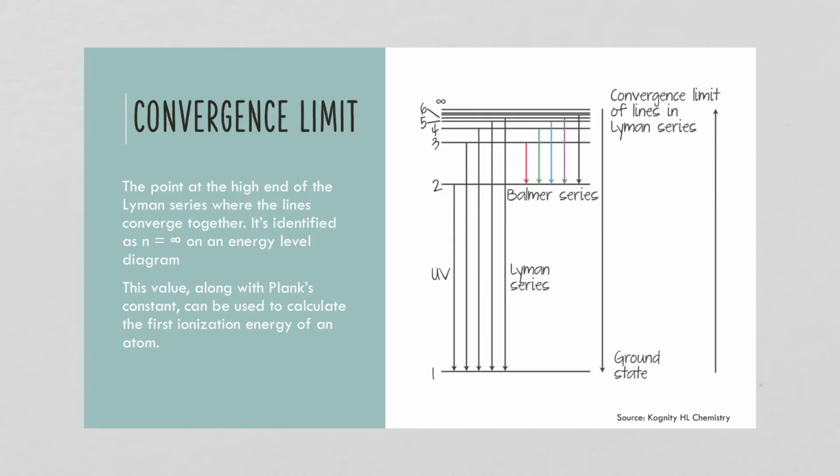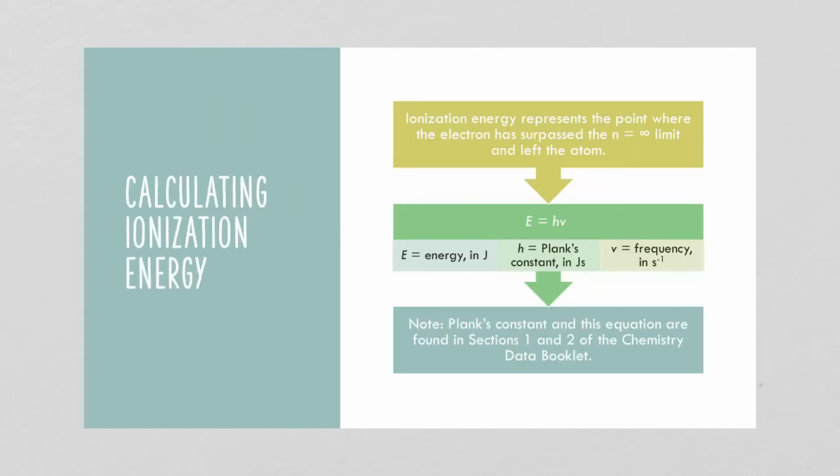This value, along with Planck's constant, can be used to calculate the first ionization energy of an atom. When we calculate ionization energy, that represents the point where the electron has surpassed the n equals infinity limit and has left the atom. Remember, we've pulled the electron right off the atom and it's left.